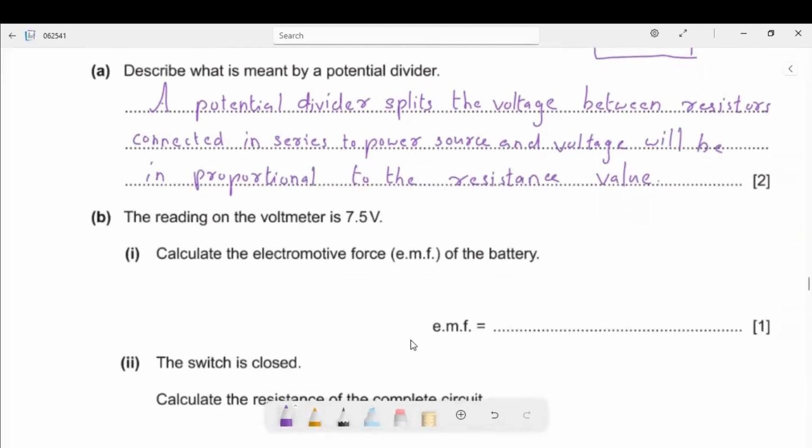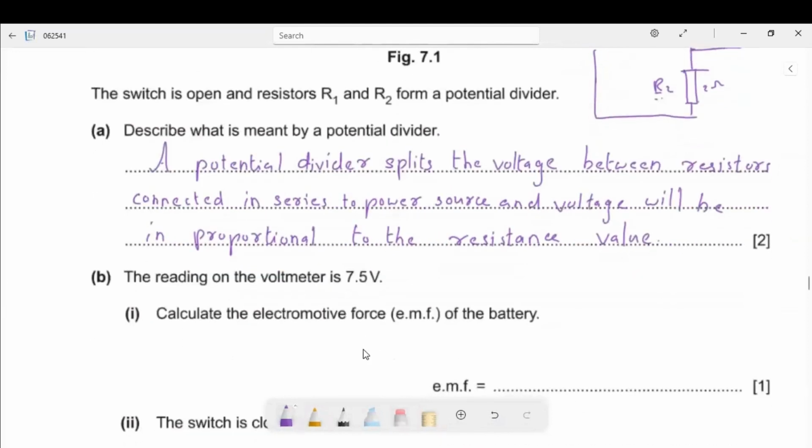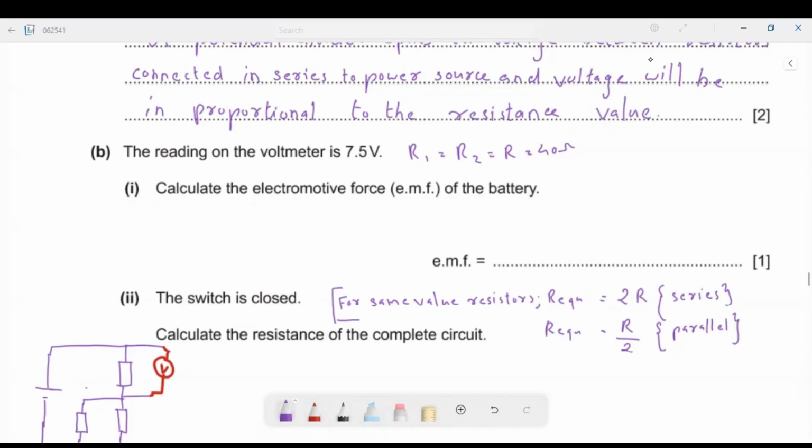The reading on the voltmeter is 7.5 volt. So now we got a reading of 7.5 volt. Calculate the electromotive force of the battery. So we need to find the EMF of the battery. By the potential divider equation, V out is equal to V input into R1 divided by R1 plus R2.